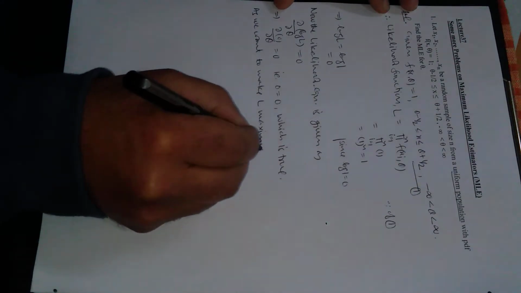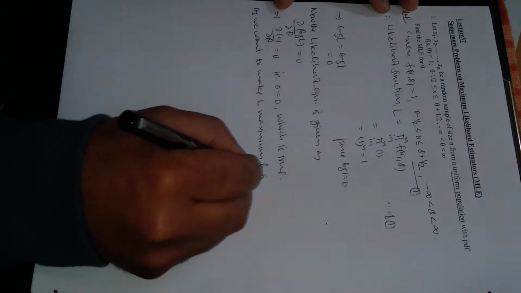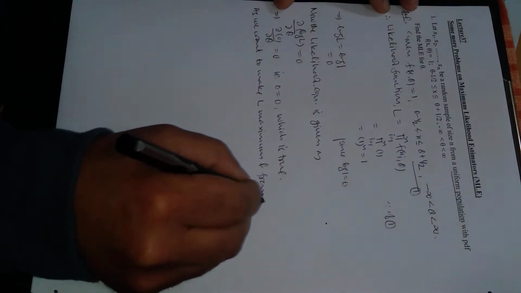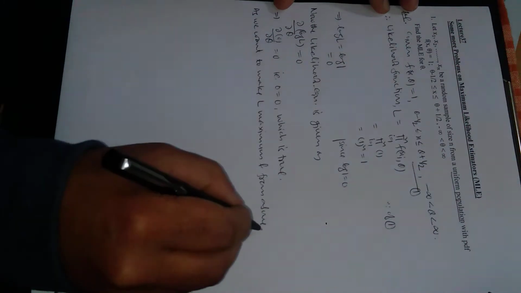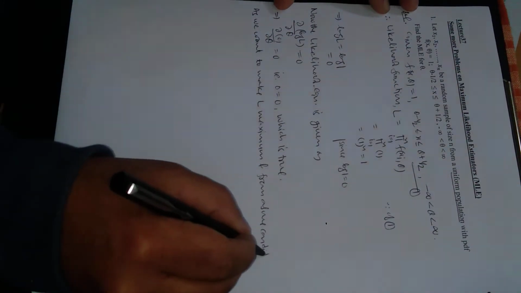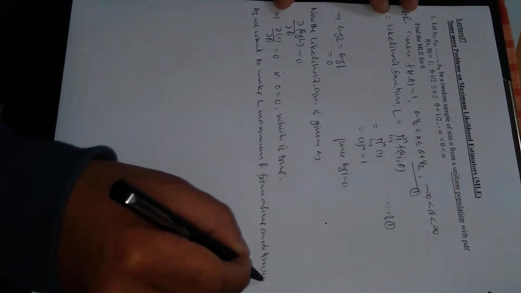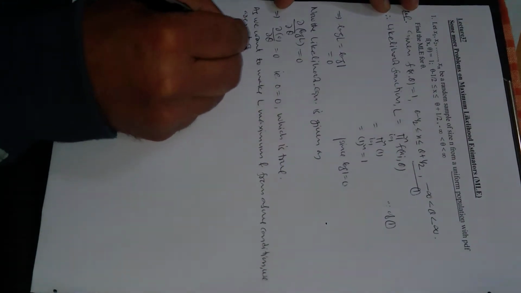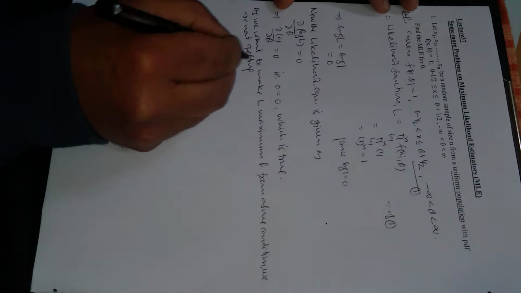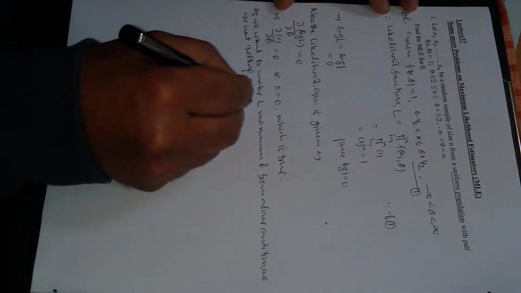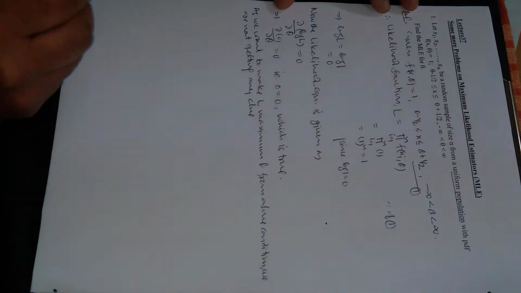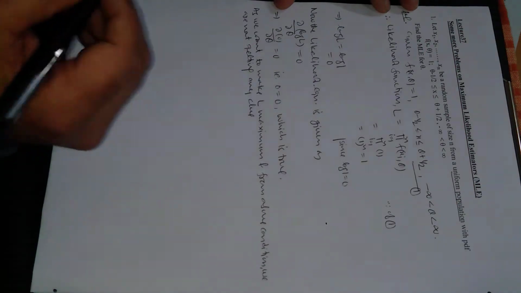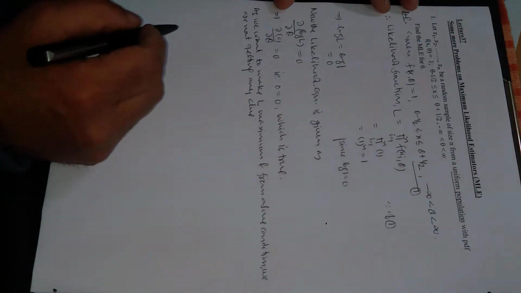We want L maximum, and from this condition and the above condition we are not getting any clue. From this question we are not getting anything, because we are not getting any solution of this equation.